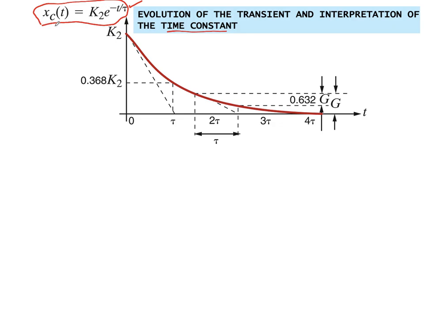If you look at this solution xc of t, if we vary t from 0 onwards and look at the value of the complementary solution, when t is equal to 0, this exponential, e raised to power 0, is 1. The value is k2. If we put t equal to tau, we can see e raised to power minus tau by tau is e raised to power minus 1, and e raised to power minus 1 is 0.368 k2. So here we can see the value has reduced by almost 63.2%.